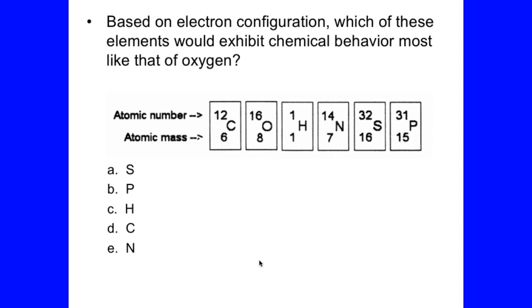Remember, their groups or families are very similar as far as their reactivity levels. So go back to your periodic table and see which group, which is pretty much the columns, that oxygen is in, and see if there are any others that are similar to that. Remember, because that tells us how many valence electrons there are in that particular element's drawing.